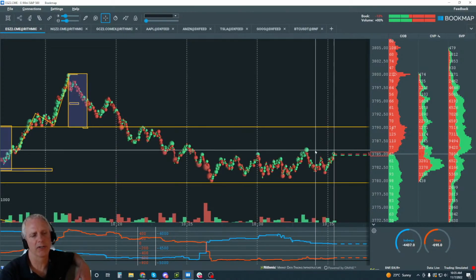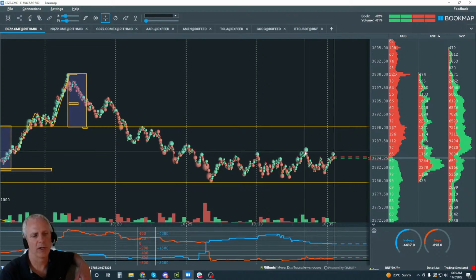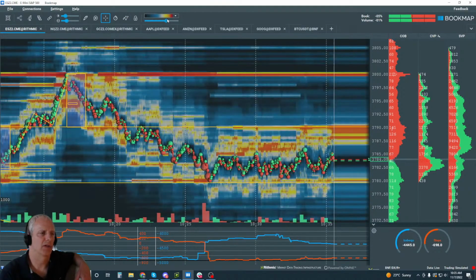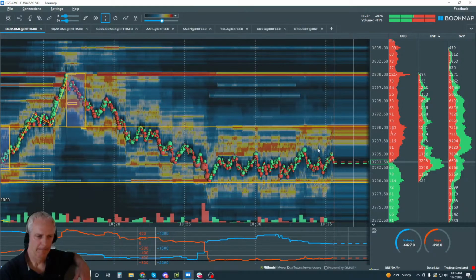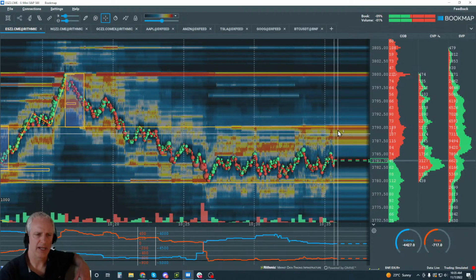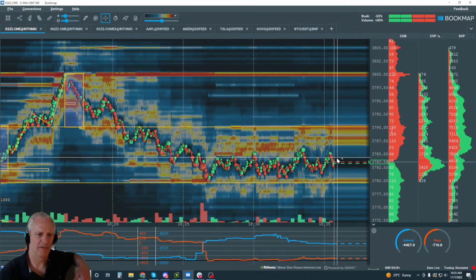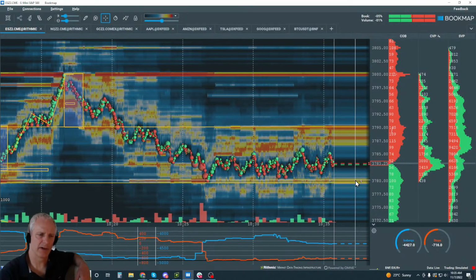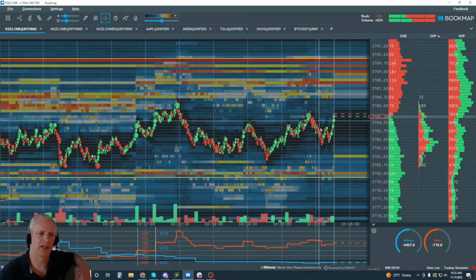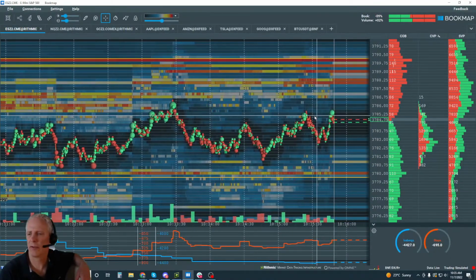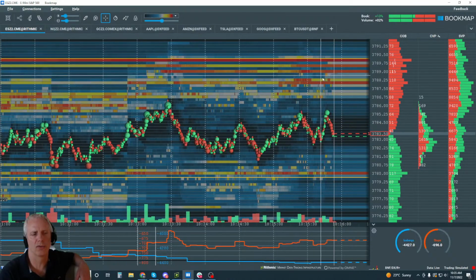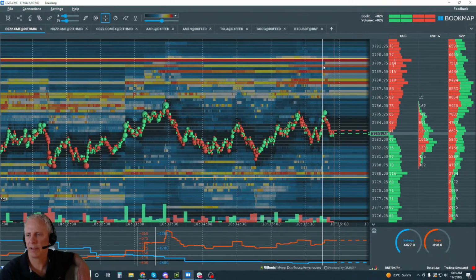Now this answers the question though. Where is price going to go? Well, likely we'd look for it to go to high liquidity. If the buyers want to meet the sellers, they're up here, 88 and 90. If the sellers want to meet the buyers, they're down here at 80. See how it's dark in here? So we're looking for some sort of clue that price is attracted to these sellers up here.